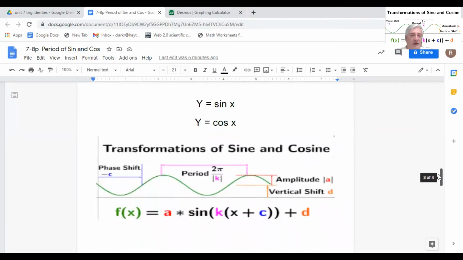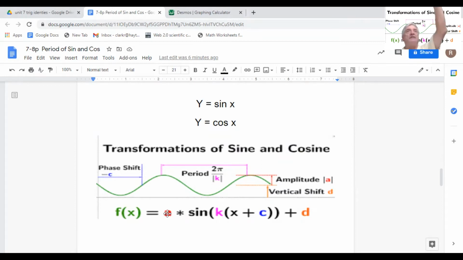Now, we have sine and cosine, then we have their basic transformations. We talked about amplitude. Amplitude had absolute value.